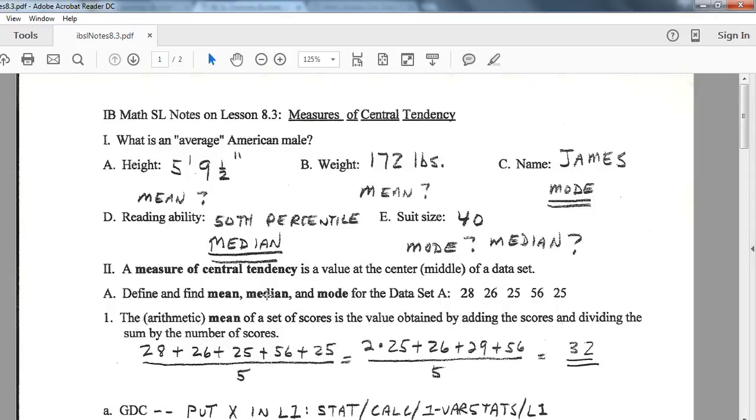The mode is most. It's what you have the most of. There can be cases where you have no mode. For example, if you had a list of data where all the data were different, then there would be no mode. There would not be any number that is repeated more often than any other number. If that ever happens, don't say your mode is 0. 0 is a specific number, so you'd have to say no mode.